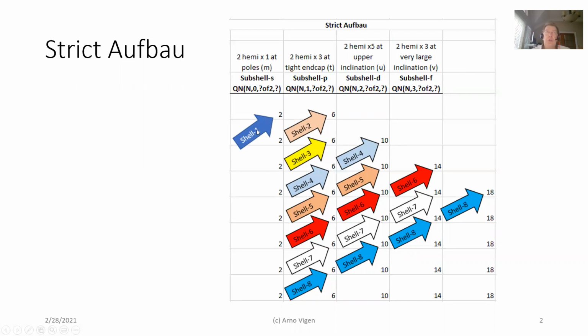And those you fill 2, and then it's full. Then you fill 2, then 6, 2, then 6. And strangely enough, you do 2, then 10, then 6, and so on, 2, then 14. And this is the strict aufbau method.